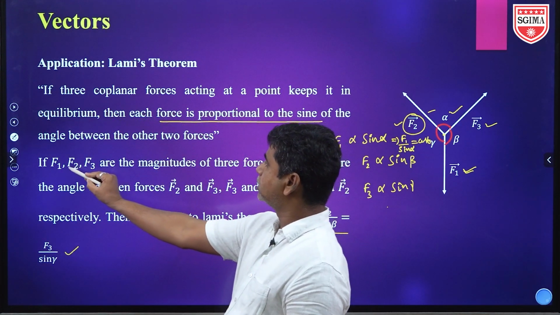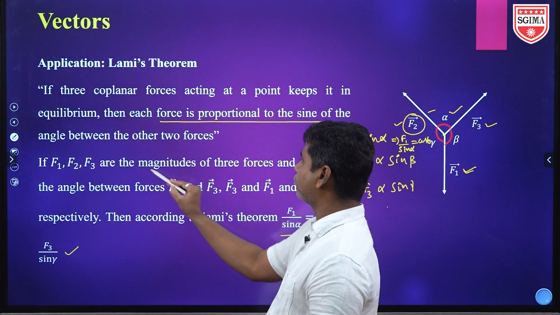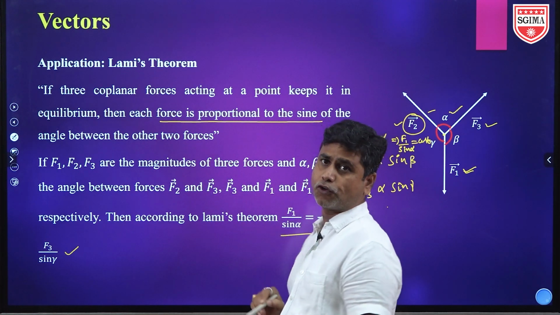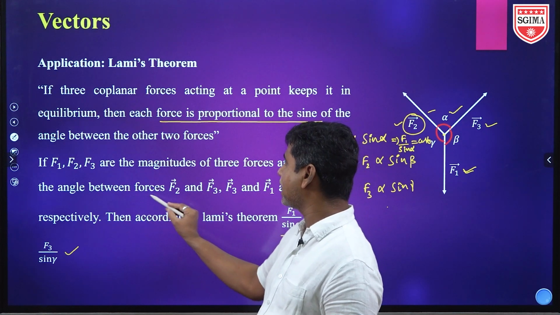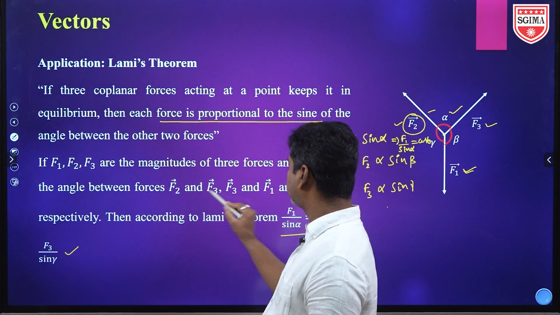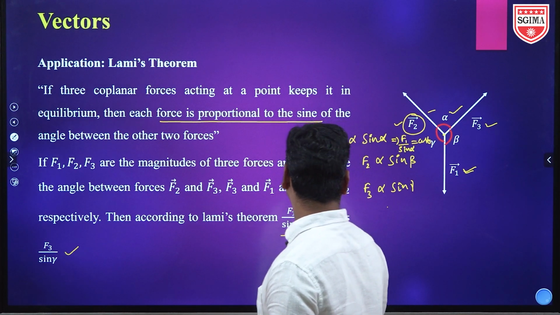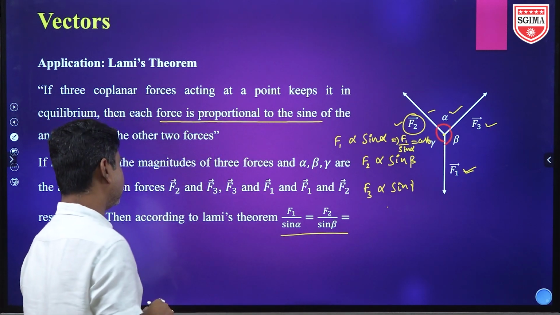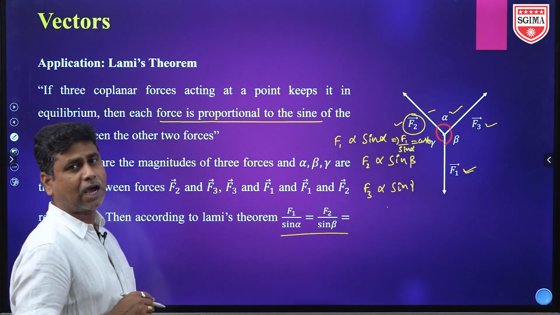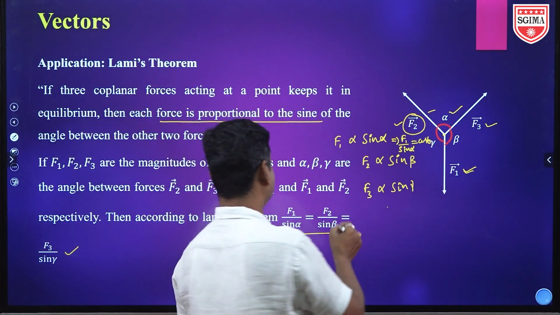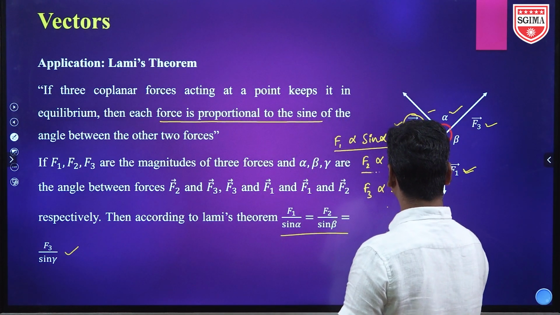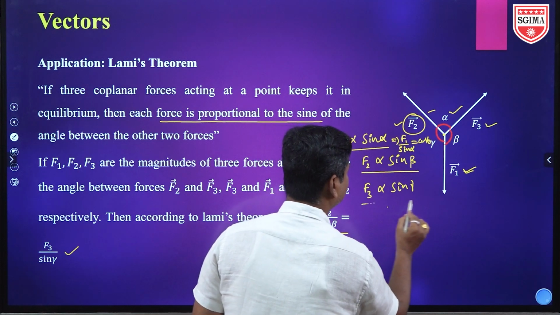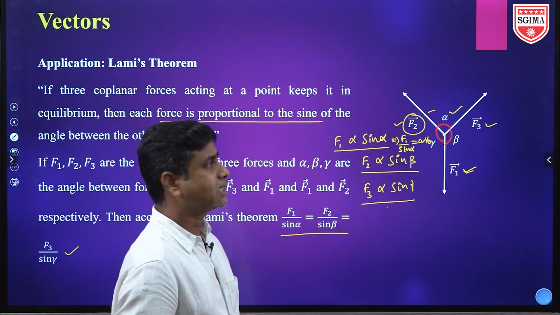If F1, F2, F3 are the magnitudes of the three forces and alpha, beta, gamma are the angles between the forces F2 and F3, F3 and F1, F1 and F2 respectively, then according to Lami's theorem, F1 is directly proportional to sine alpha, F2 is directly proportional to sine beta, F3 is directly proportional to sine gamma.